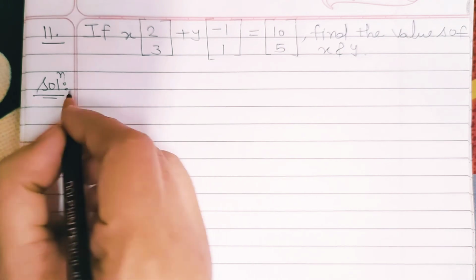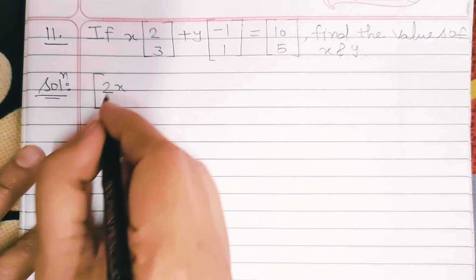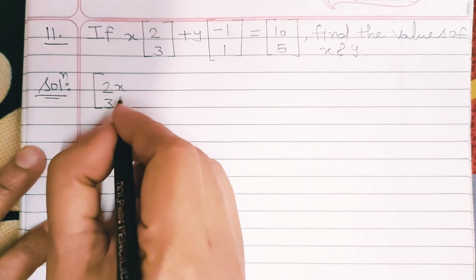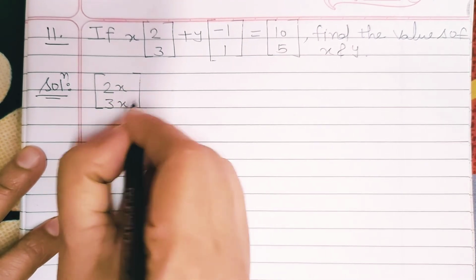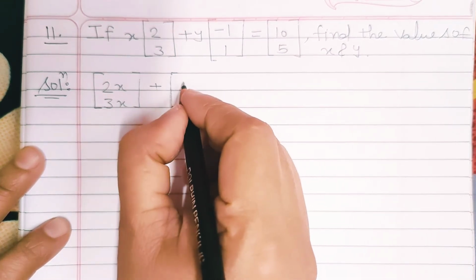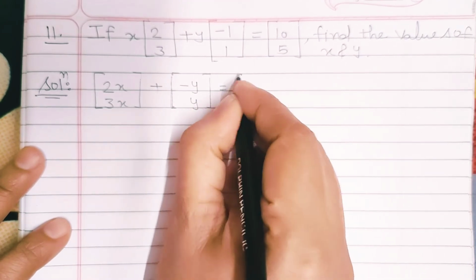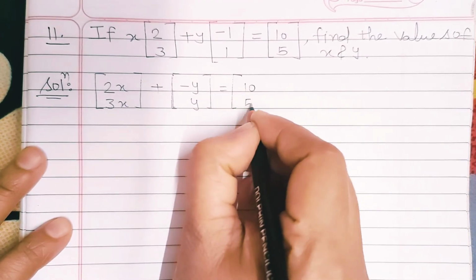So here it will be 2x multiply x inside, we are left with 2x and with 3, so we are left with 3x, plus multiply y with minus 1 and 1, so we are left with minus y and y is equal to 10 and 5.